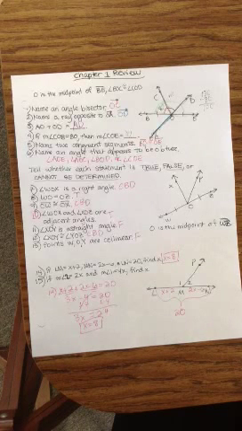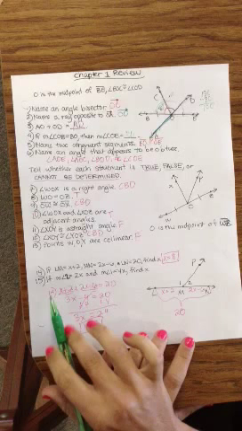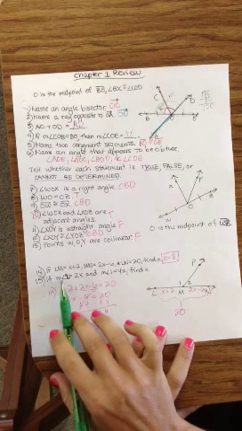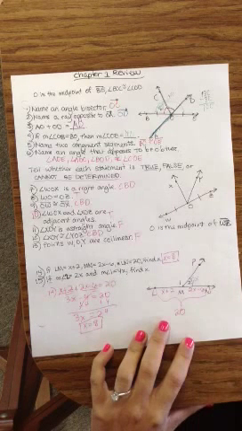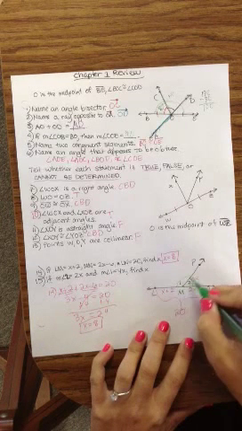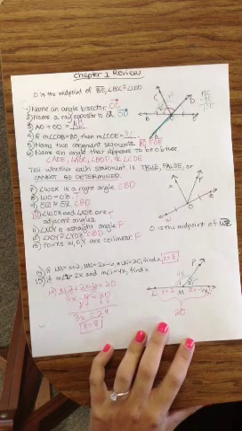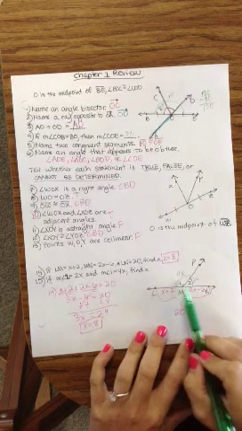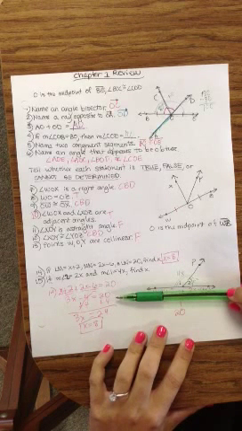Let's take a look at number 15 now. I'm going to do 15 in this green pen so you don't get the two problems confused. Number 15 says if the measure of angle 2 equals 2x, this angle here, and the measure of angle 1 here is 4x, I want to find x. Does everybody see how angle 1 and angle 2 put together form the entire top side of that straight line?